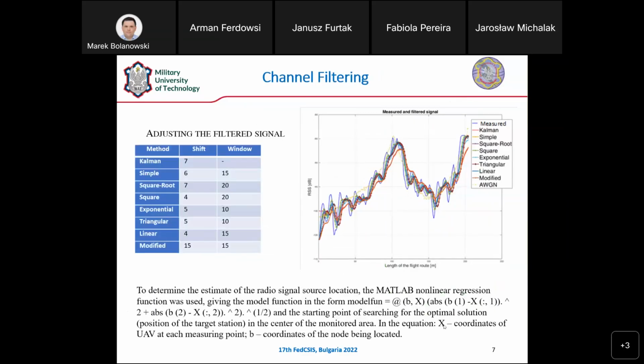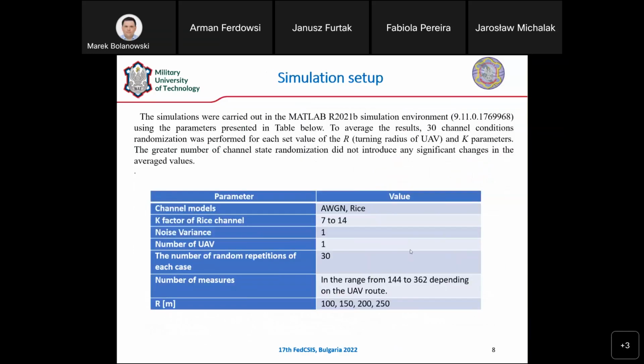In this equation, x is connected with coordinates of the UAV at each measuring point, and b are coordinates of the node being located. What is more, I average the results by 30 Rayleigh channel conditions and by 4 turning radii of the UAV, using K parameter from 7 to 14.